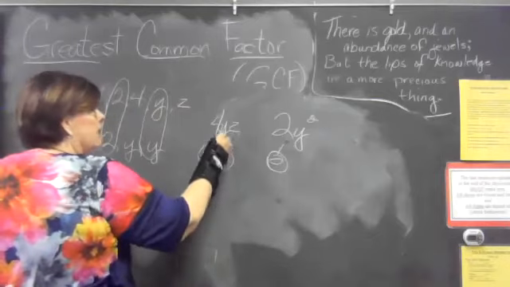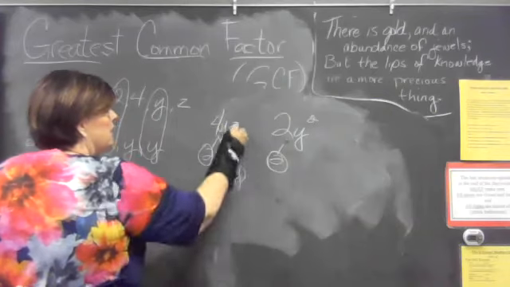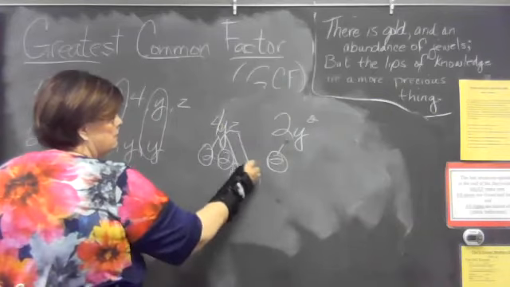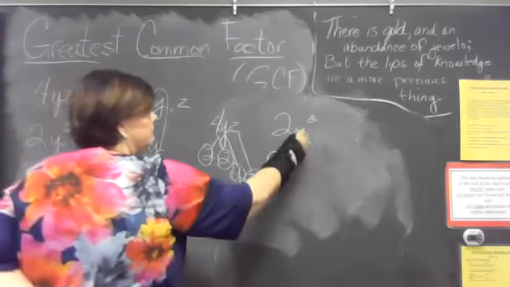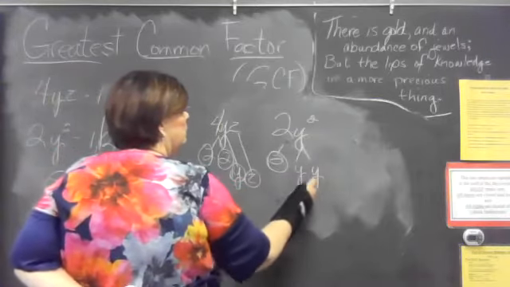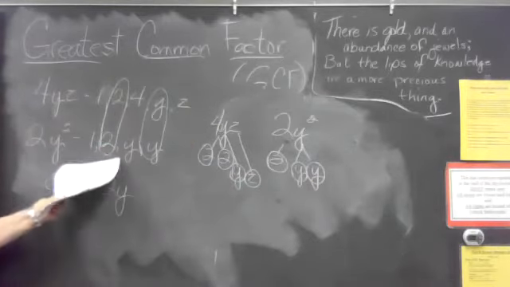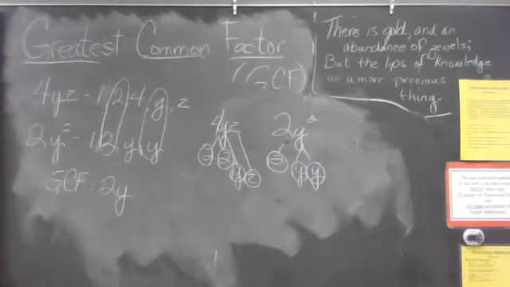And then I bring down my y and I bring down my z. You see? This one, I bring down my y and my y, which actually looks the same as this. Okay, that's how it's broken down.